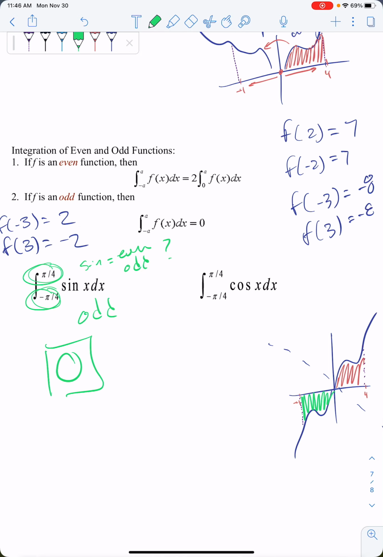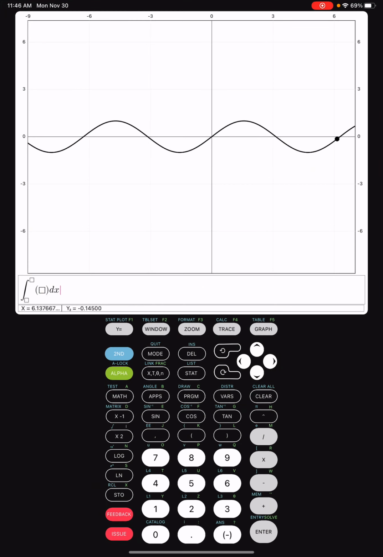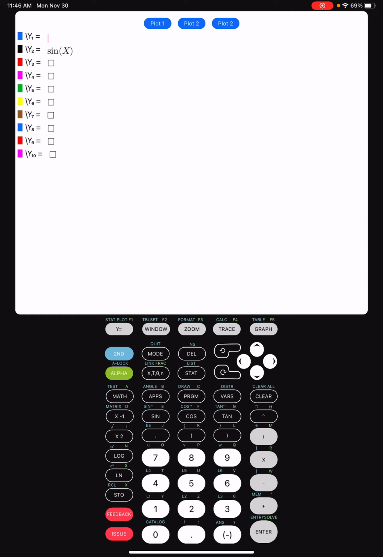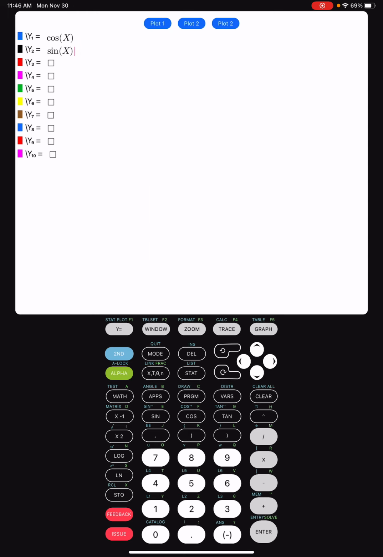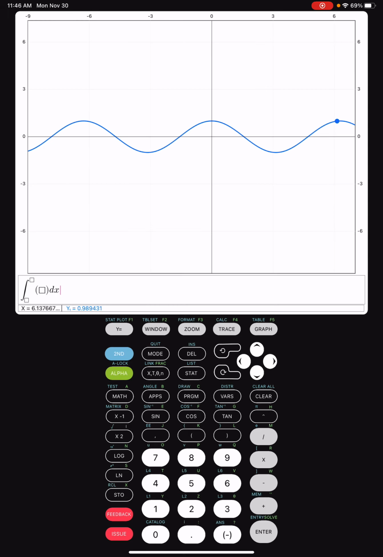Now the cosine graph, if I go back to my calculator, and if I graph cosine of x, it looks a little bit different. Let's get rid of that sine one. We don't need to see them both. My x values over here, my y values match my y values on this side. It's reflected.